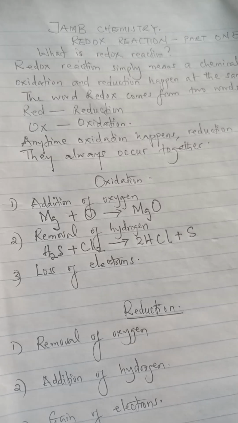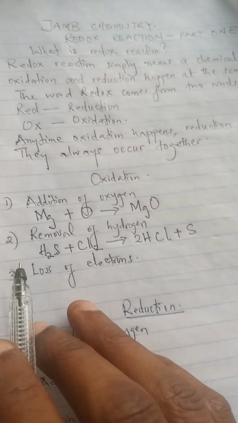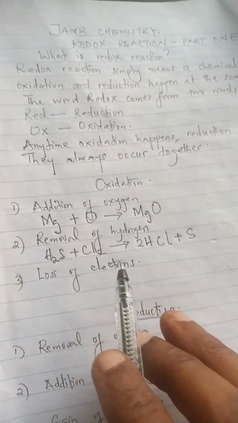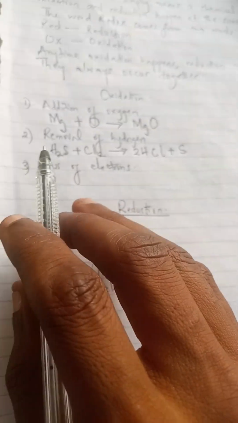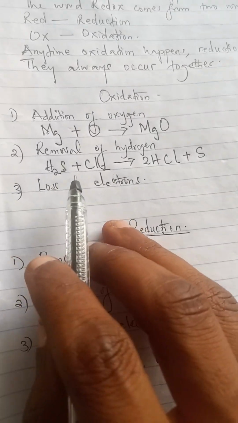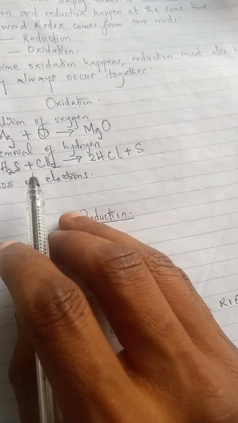Among these three definitions, the most important one is the last one. It is the loss of electron. It is the most recent one. Anytime electron is lost, oxidation has taken place. For example, look at Fe2+.